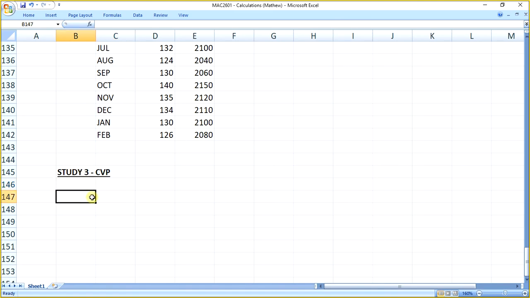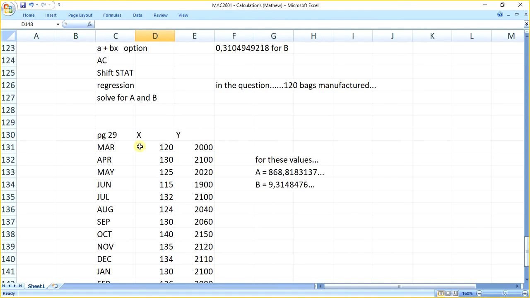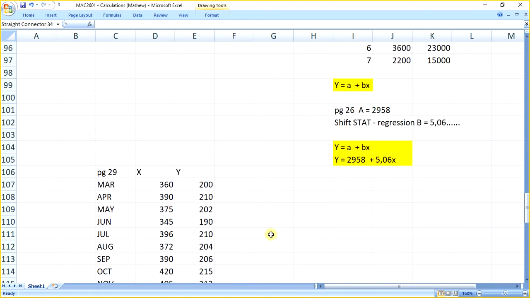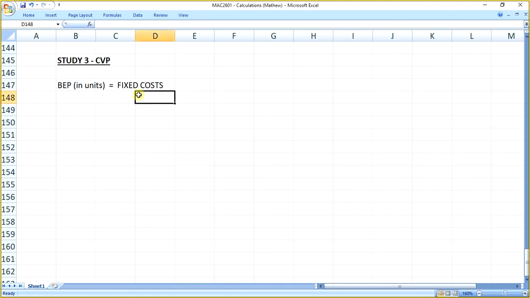The formula that I use here for break-even point in units is as follows: fixed costs divided by selling price, SP, minus variable cost, VC. So that's the formula for break-even point in units.